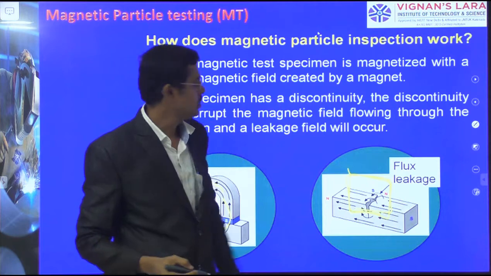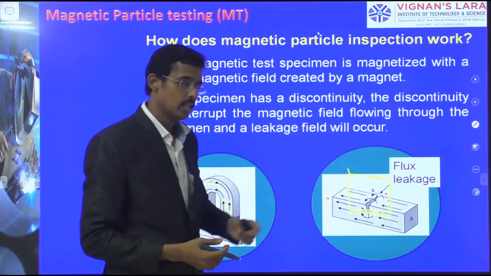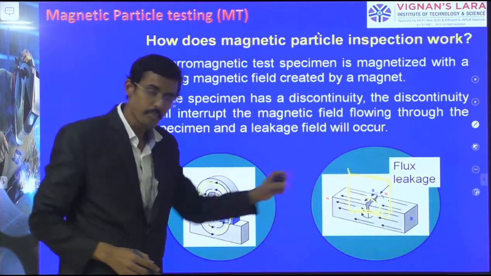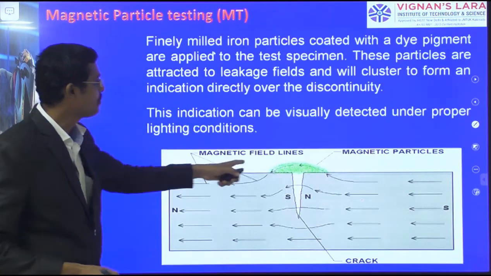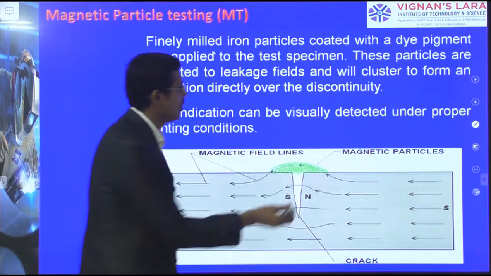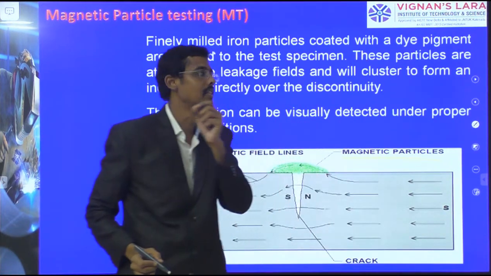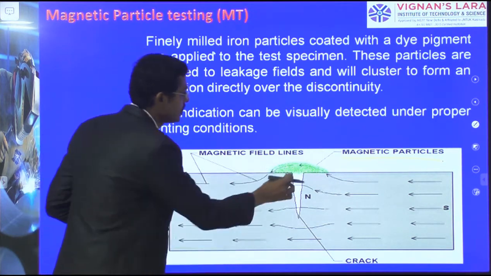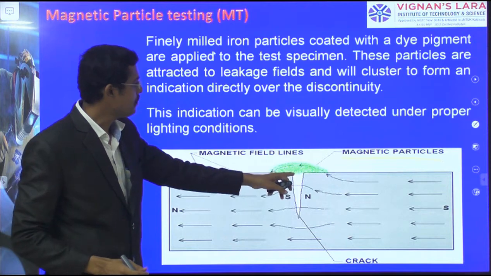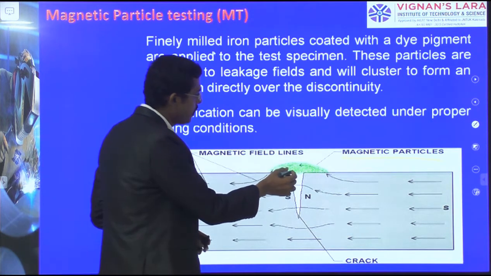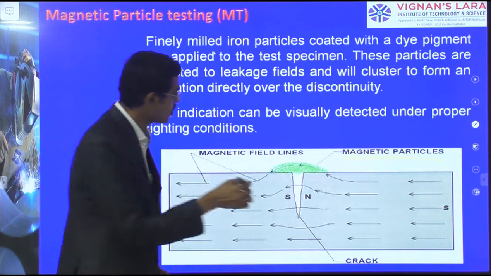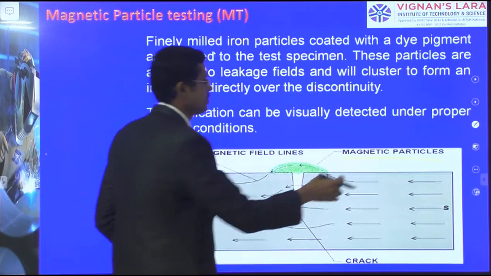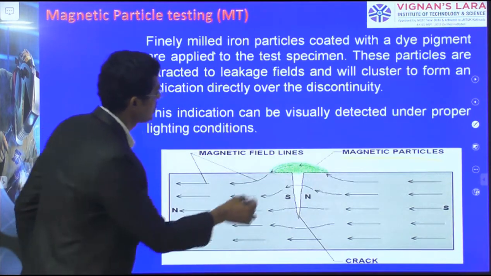But due to the crack, this field will jump and go across. We use this jump. I am pouring iron particles, magnetic particles, in between here. These iron particles will be attracted to these points and will fall here.